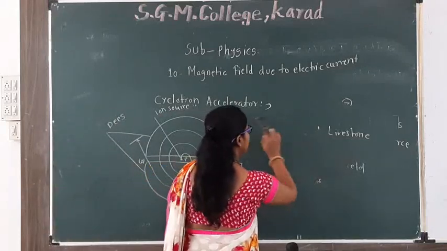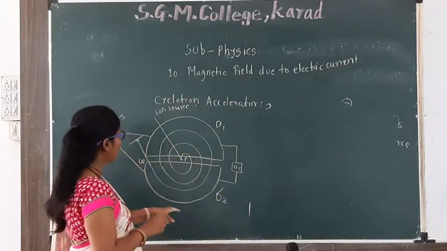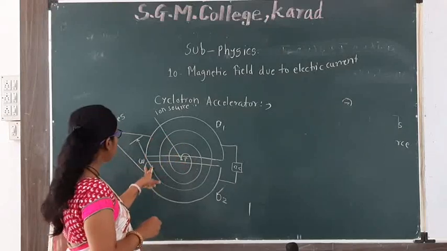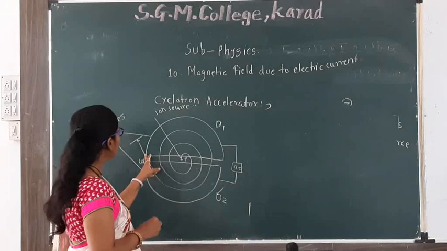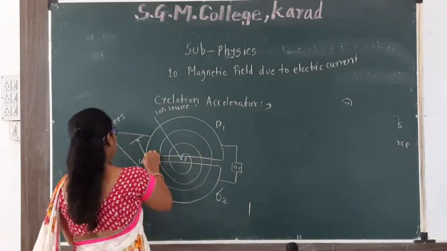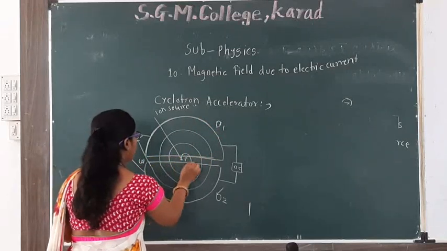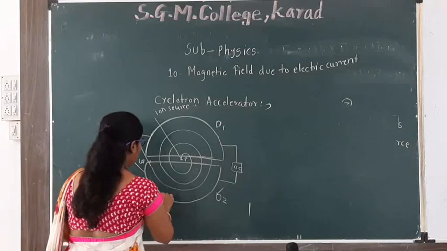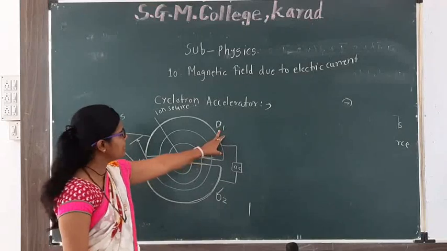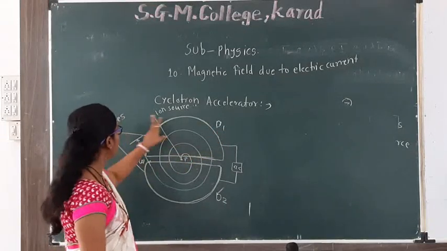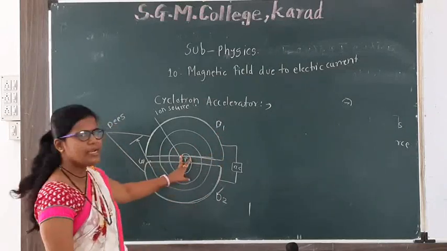Now we will see the construction of the cyclotron accelerator. It consists of two semicircular, D-shaped metal discs, called the two Ds.